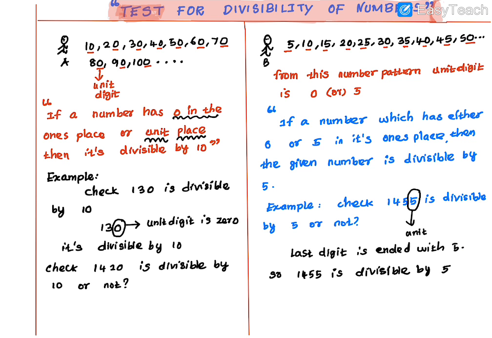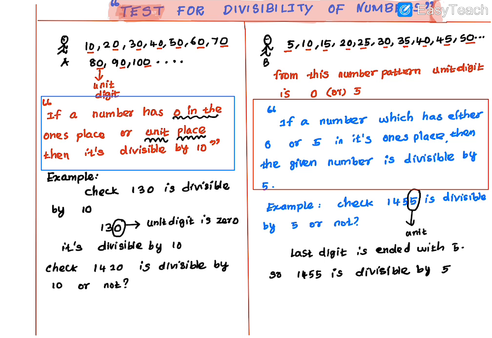These are some rules for divisibility of various numbers: whether a number is divisible by 10 or by 5. You just check the other numbers also. If the unit digit ends with 5 or 0, then it is divisible by 5. We'll move to the next one.